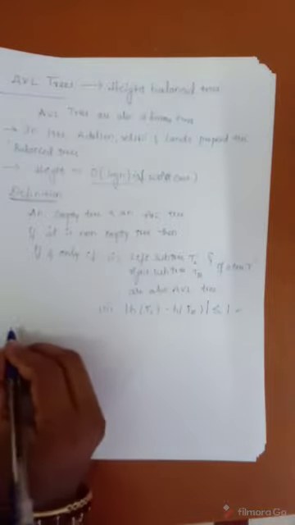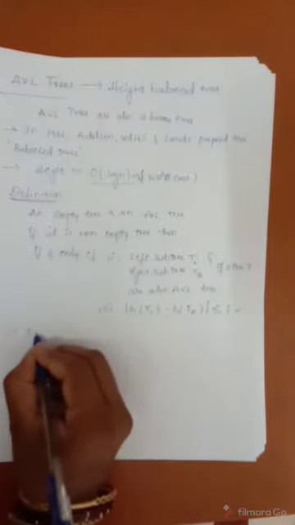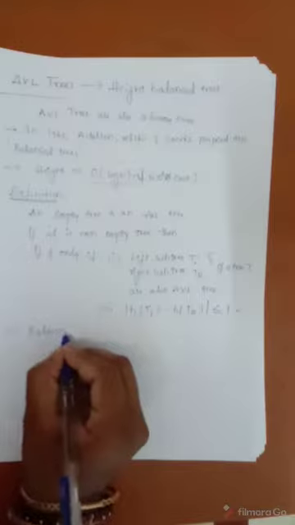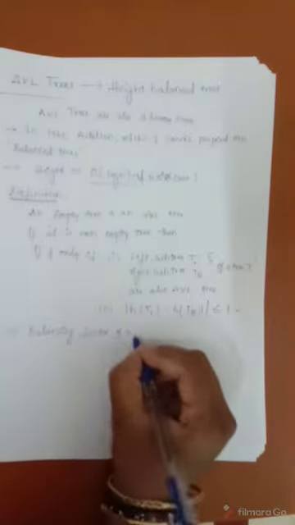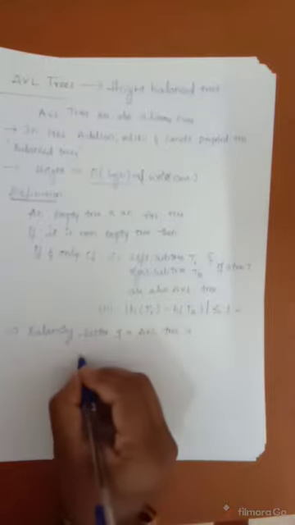This is the major constraint, and we can define the balancing factor of an AVL tree as B of U is equal to H of UL minus H of UR.